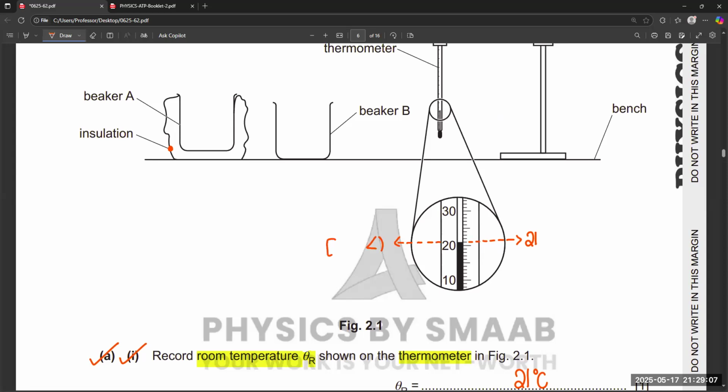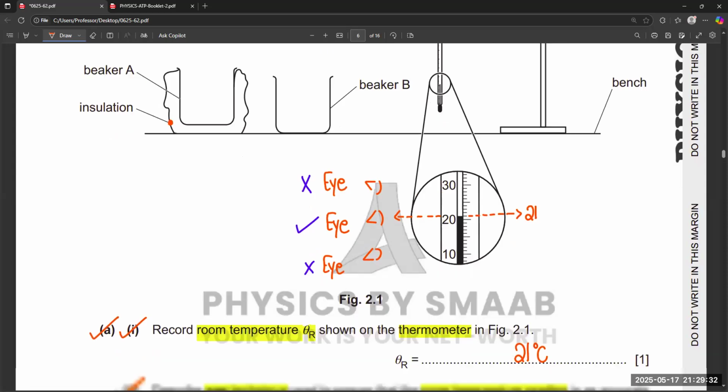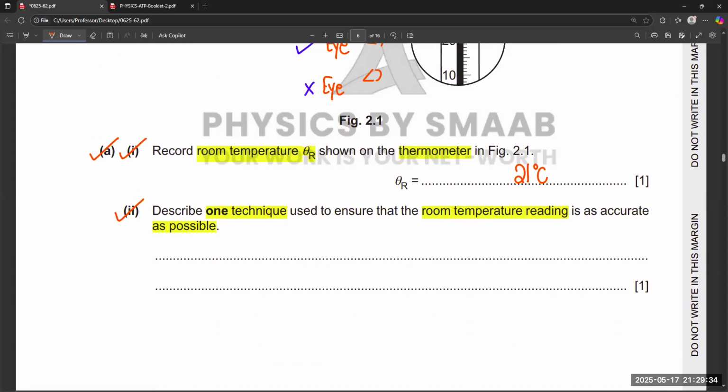Like this. If we observe from a different position, like from this point or any point above, this is the wrong method. It will give you an inaccurate reading. This one is correct. So we always need to place our eye perpendicular to the thermometer to avoid parallax error.